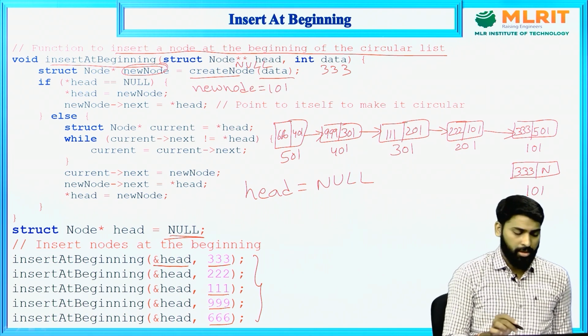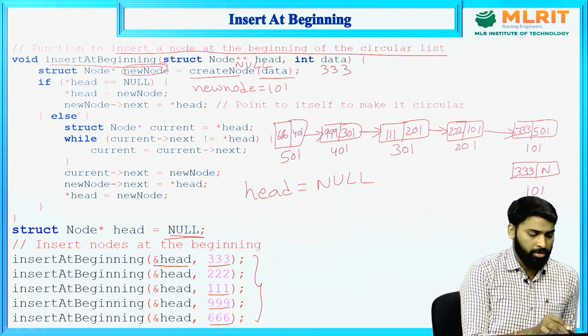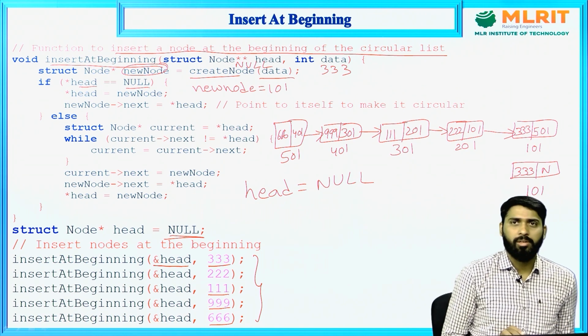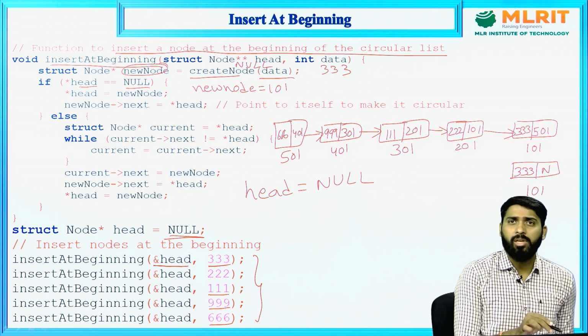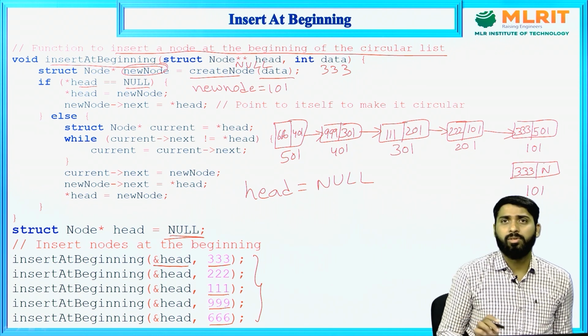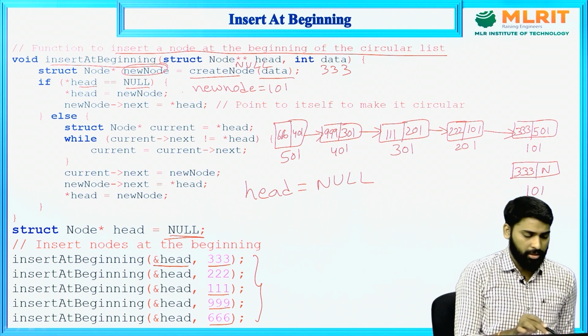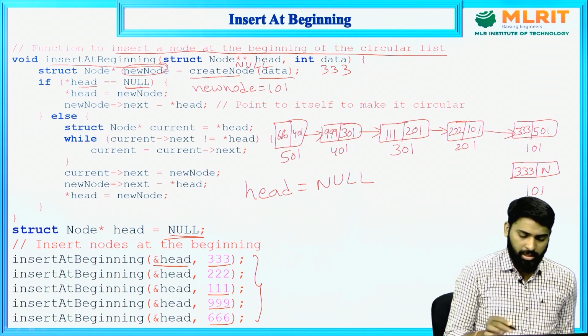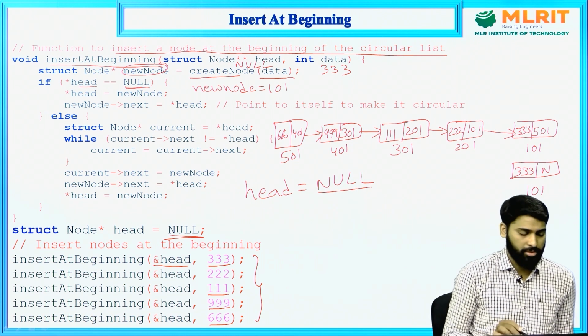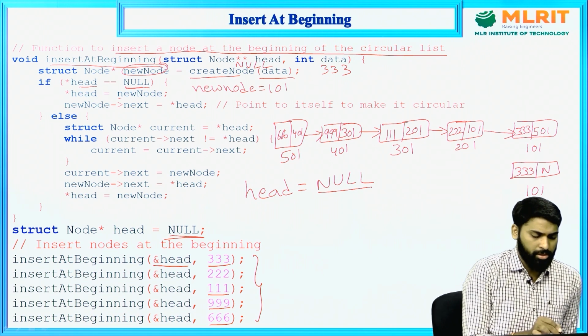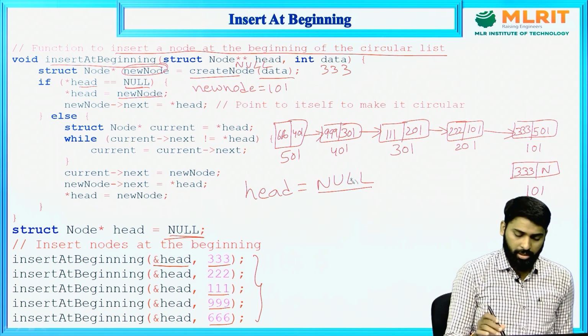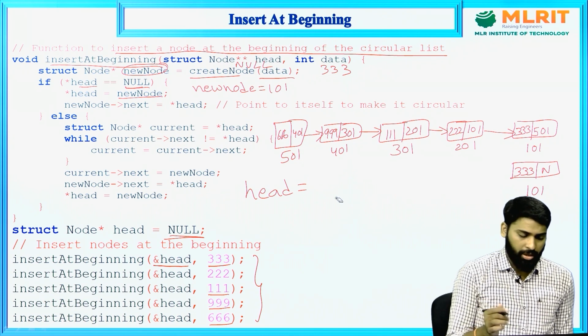Now we move to here. We check whether head equals null. If the head equals null, that means this is the first node we created. Yes, the head value is null here. So we make head equals new node. In this place we store the address 101.